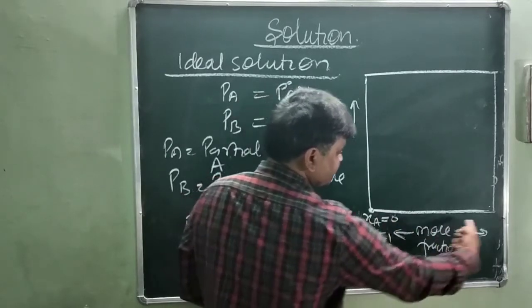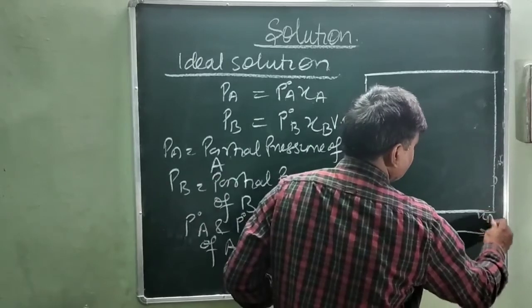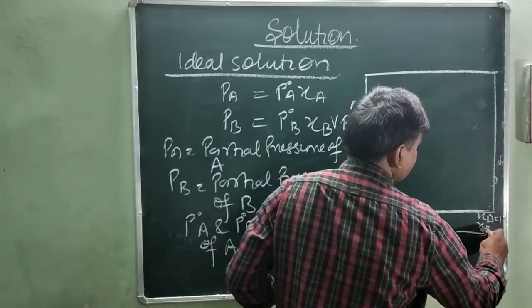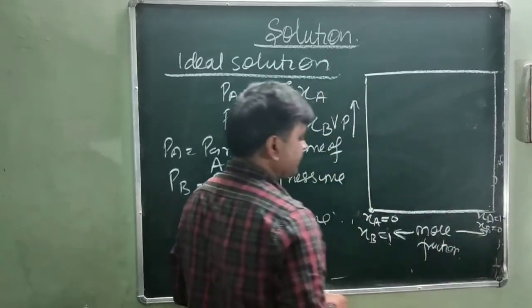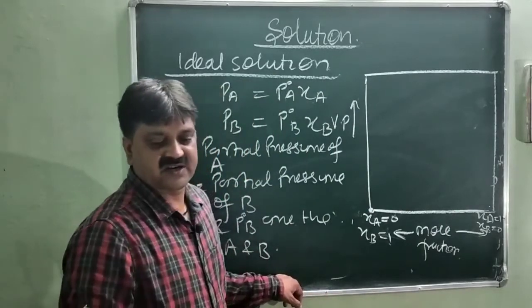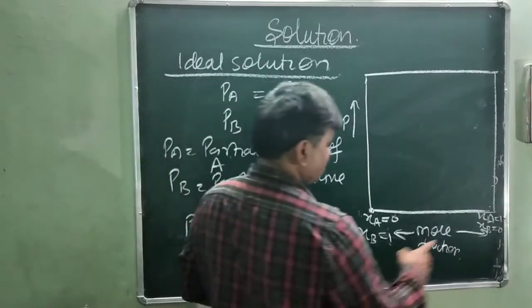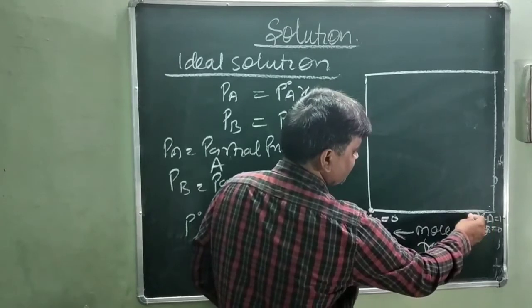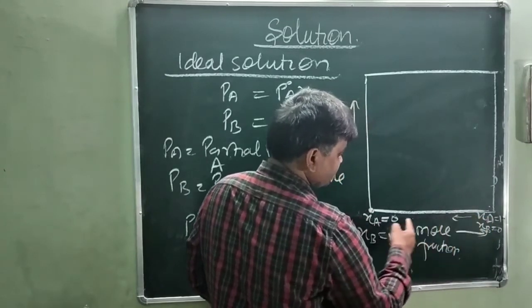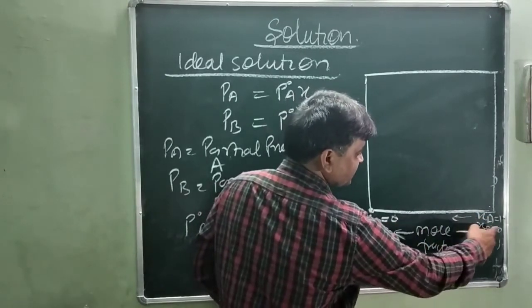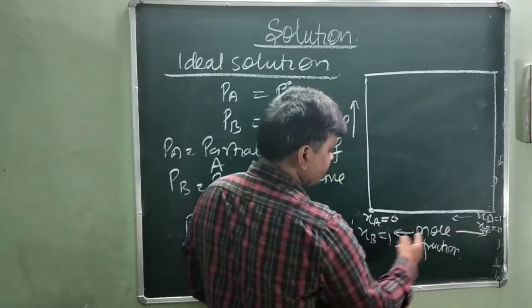Now when you move to this side, XA is equal to 1 and XB is equal to 0. Through this you can get a straight line graph. Here XA is equal to 1; when it moves this side, the XA concentration decreases to 0, and the XB concentration, 0 here, increases and becomes 1.